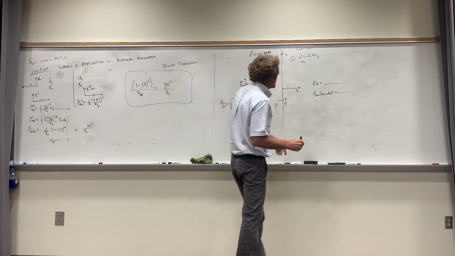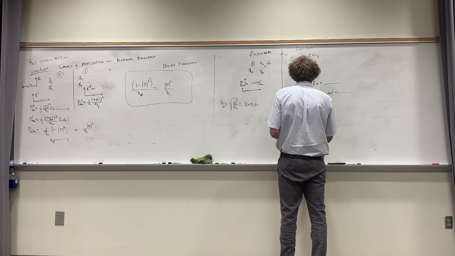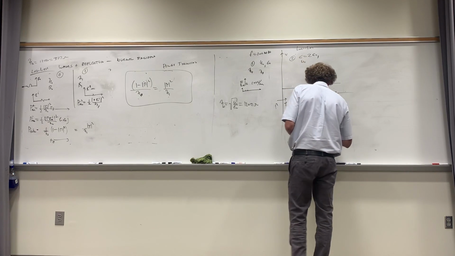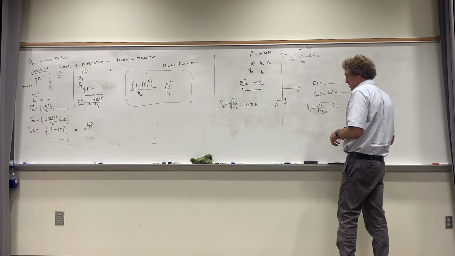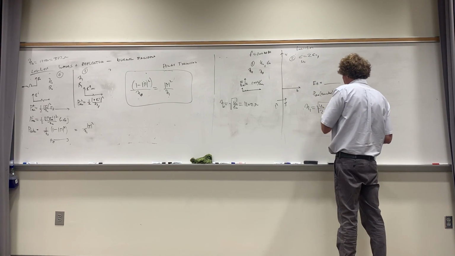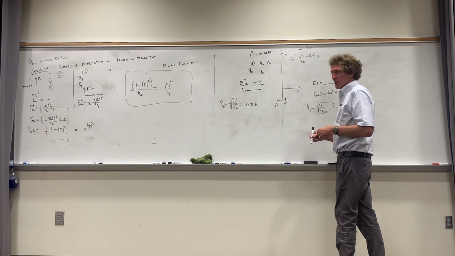Now over here, I need that too. Eta in region 2 in this case would be the square root of mu naught over 2 epsilon naught. What's that going to be? If mu naught over epsilon naught was 120 pi, what's mu naught over 2 epsilon naught?